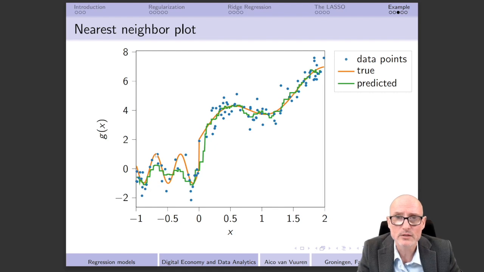This high frequency sinus is a little difficult to predict. Generally we will see that also for the other methods, and we also have a little bit of a problem in this discontinuity. This area is much better, of course, but the biggest problems with nearest neighbors are over here.